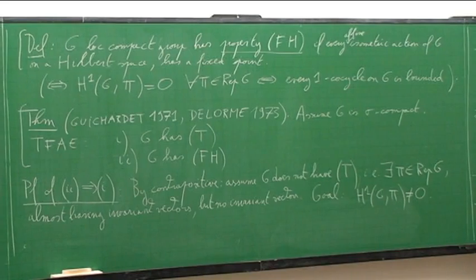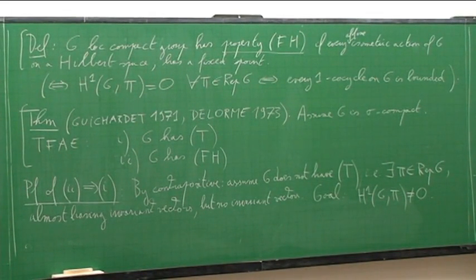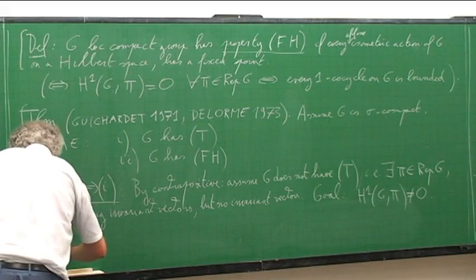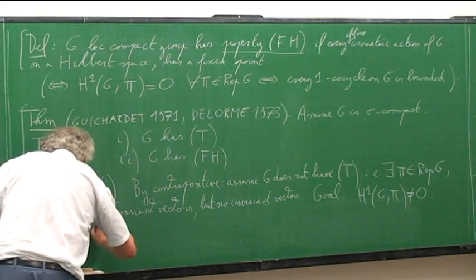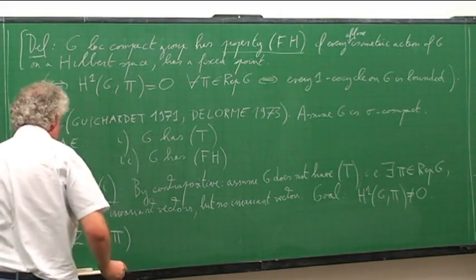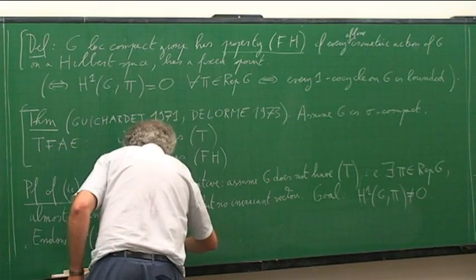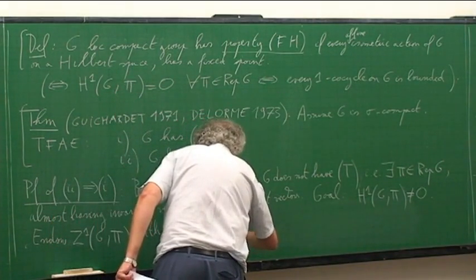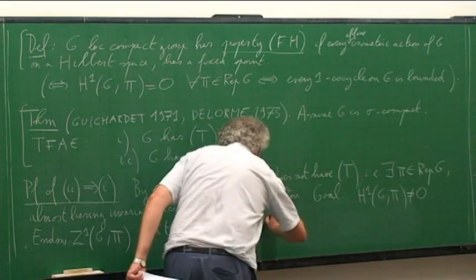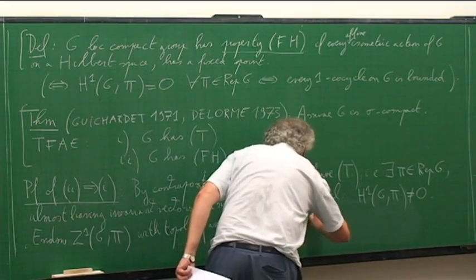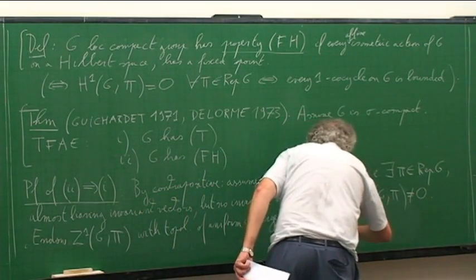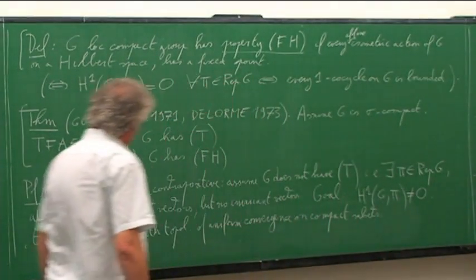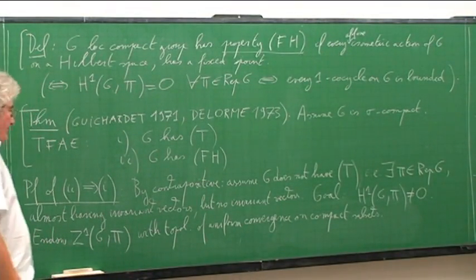There is a nice argument from functional analysis which will do the job. We endow the space of cocycles Z^1(G, π) with the topology of uniform convergence on compact sets.